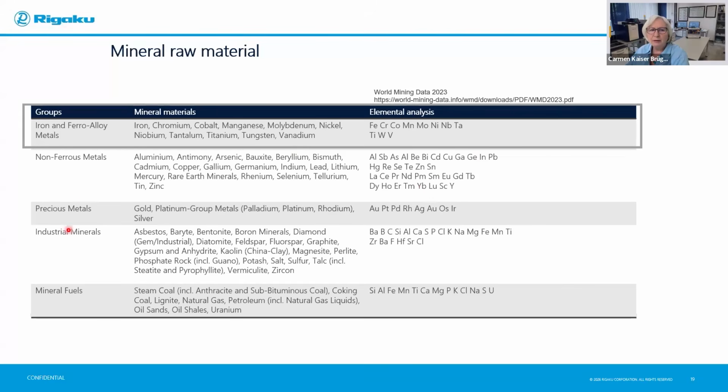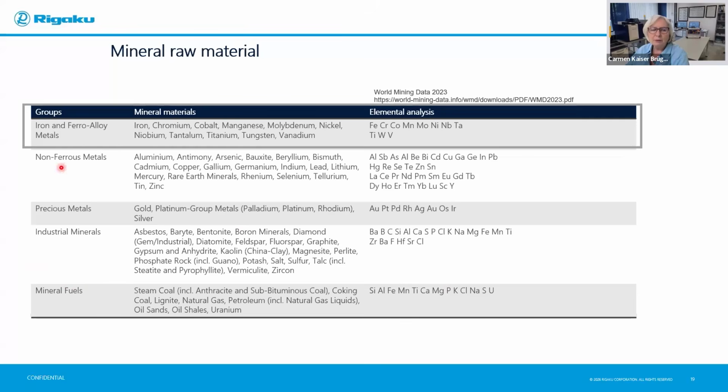We have the precious metals, which is the PGM, the precious metal group elements. We have the industrial minerals, which are the ones that are usually used for industrial applications, like the cement and the glass manufacturers and the steel manufacturers, also a certain group of elements. And then lastly, we have oil and gas exploration type, so mineral fuels, with also a certain group of elements.